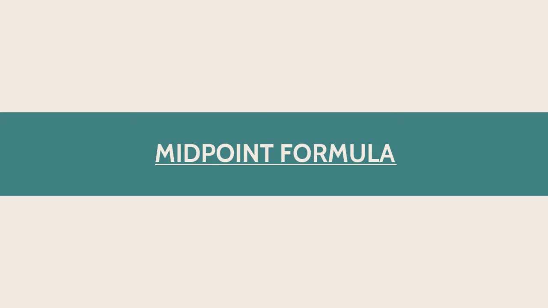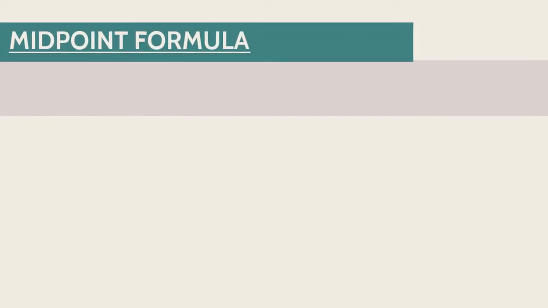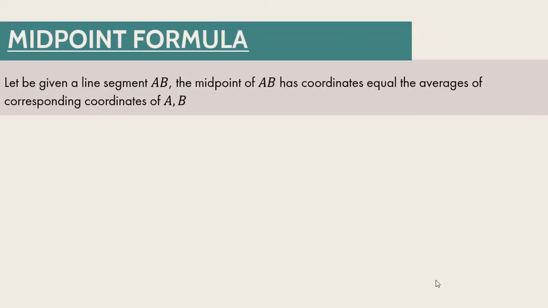In the first section of the lesson today, we are going to learn about the midpoint formula, a formula that will be very handy in future problems. Let me give a line segment AB. The midpoint of AB has coordinates equal to the averages of the corresponding coordinates of A and B. So let me give 2 points A and B. We have a line segment AB as shown on the diagram, and the midpoint of AB is the point that divides AB into exactly two equal halves.